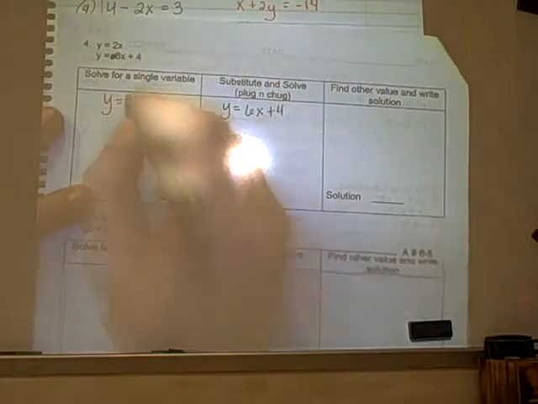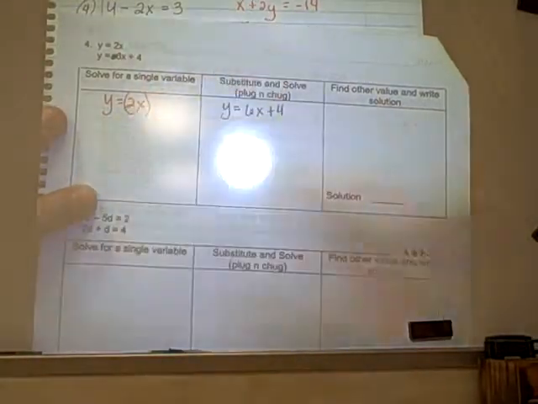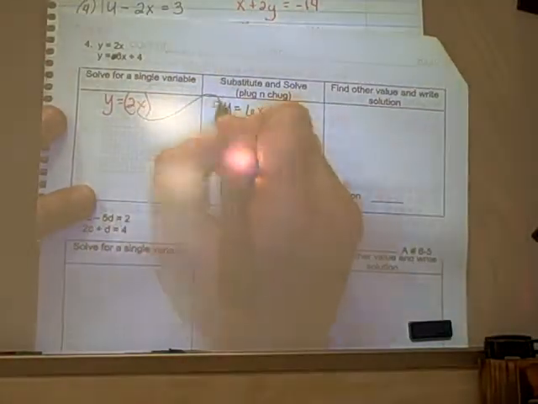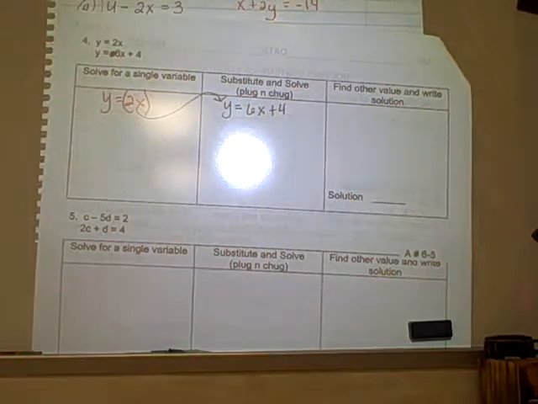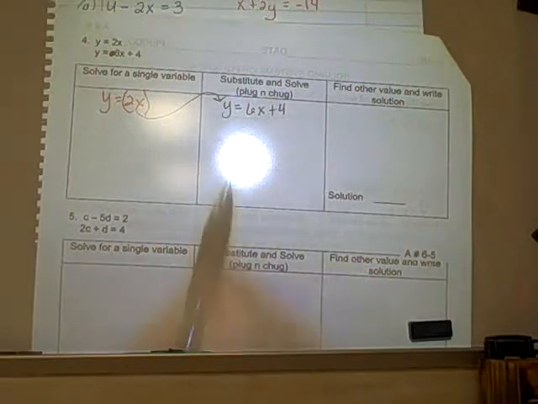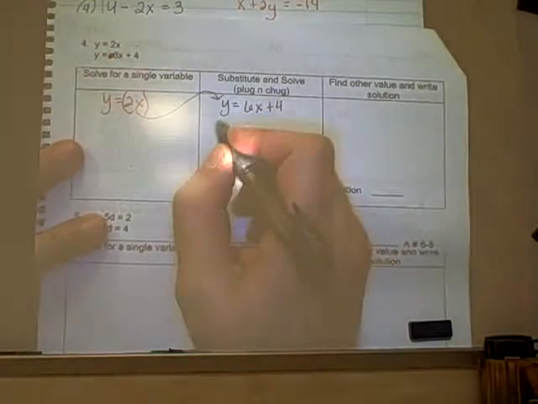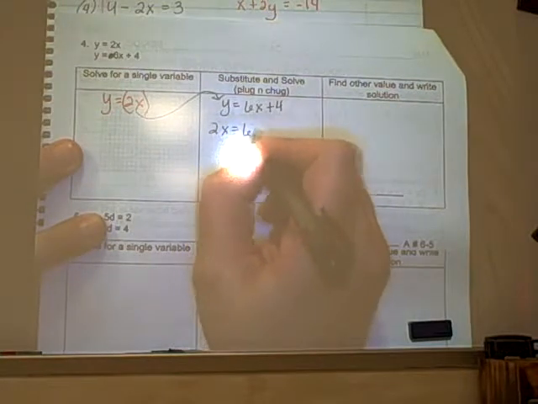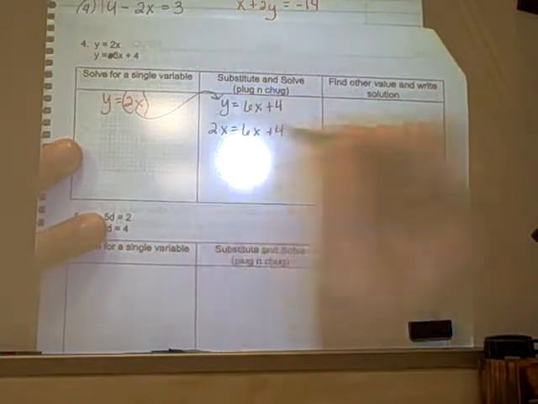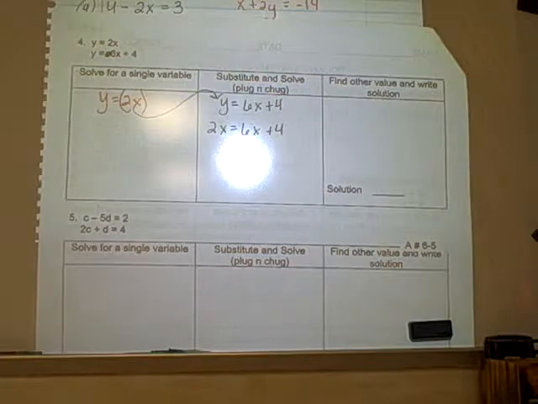That just means this is going to sub in on this side right here. And then you move all your letters to the left and you still solve like we always solved. Wait, what? You said move all the letters to the left. Because here you're going to have 2x equals 6x plus 4. So then subtract 6x from both sides. And then finish solving that. Oh, okay. Get all the letters together.